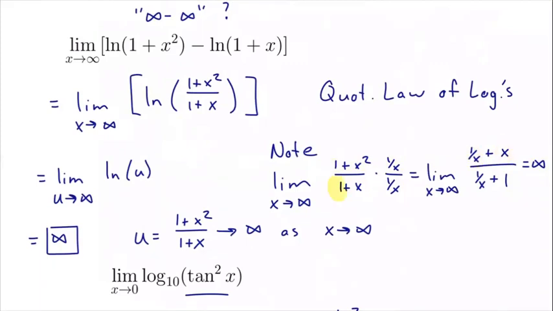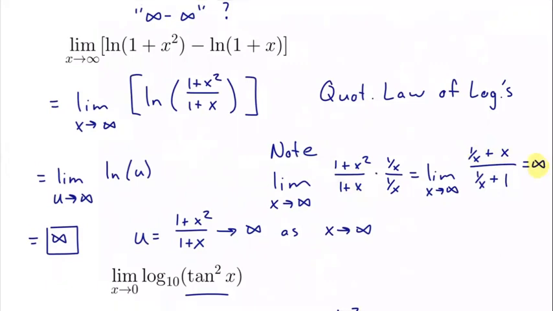In the denominator, we have 1 over x plus 1. So what we see is in the denominator, this is 0 plus 1 as x goes to infinity. So the denominator is approaching 1. However, the numerator is 0 plus something approaching infinity. x is approaching infinity. So this thing is approaching positive infinity overall.